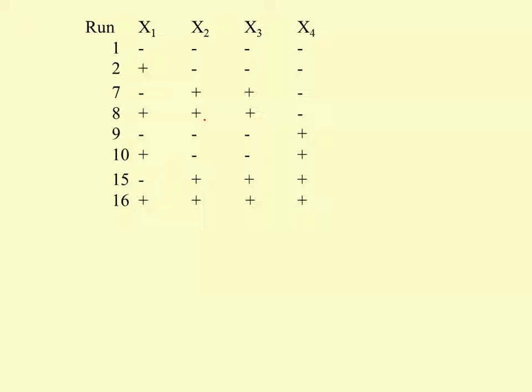Now let's think about what we've done. Remember we've got numbers here for y. Think about calculating the effects at the bottom of those columns. Does anything seem problematic when you're going to calculate the effects?